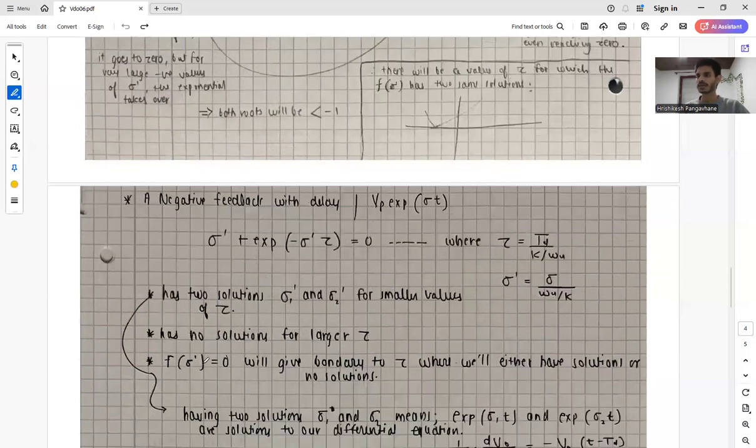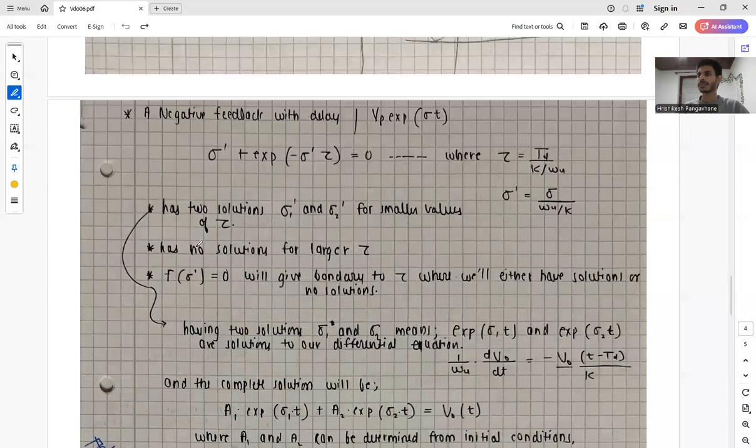So the function equal to 0 will give us the boundary of tau, where we will either have a solution or no solutions. So talking about the two solutions for the smaller values of tau: having two solutions, sigma 1 and sigma 2, means we have exponential sigma 1 t and exponential sigma 2 t as our solutions, which is a solution to our differential equation, which we represented by this equation.